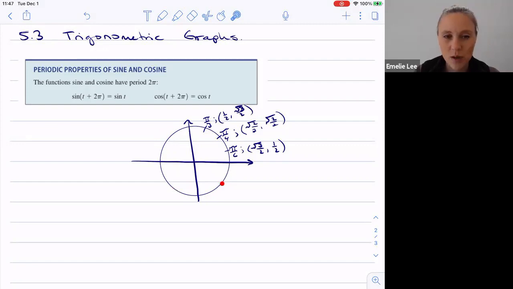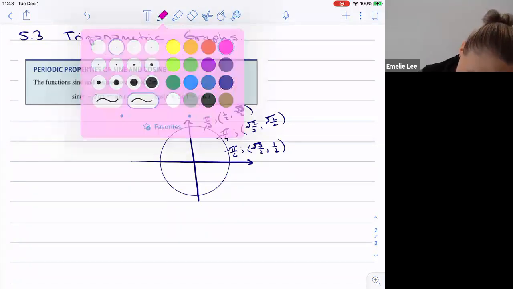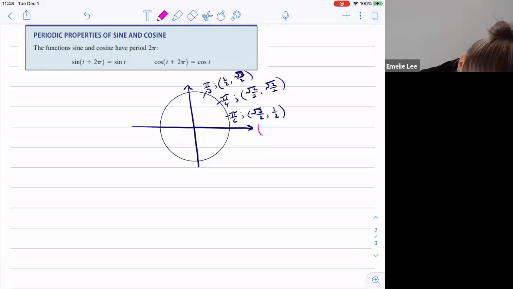Here, your x is positive, but your y is negative. But these points all stay the same. It's just whether x is positive or negative, and y is positive or negative. So here, cosine of pi over 6, for example, is root 3 over 2, and the sine of pi over 6 is 1/2.